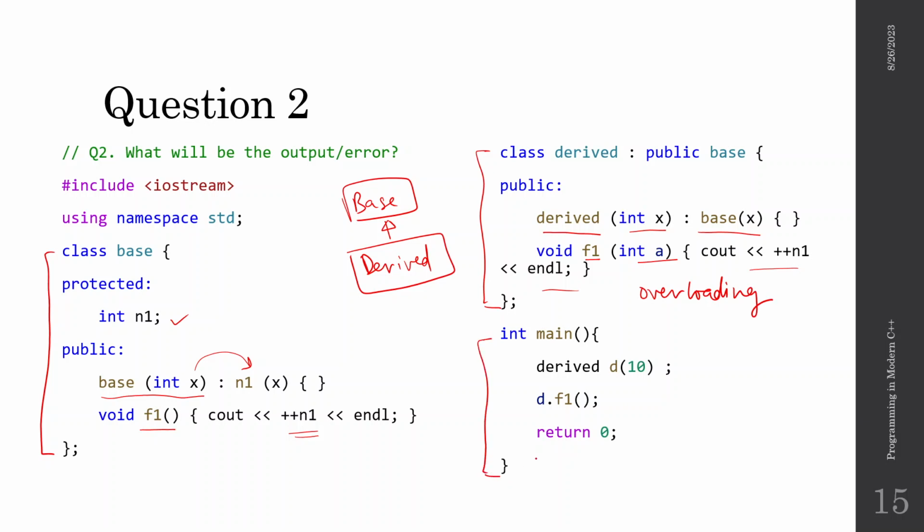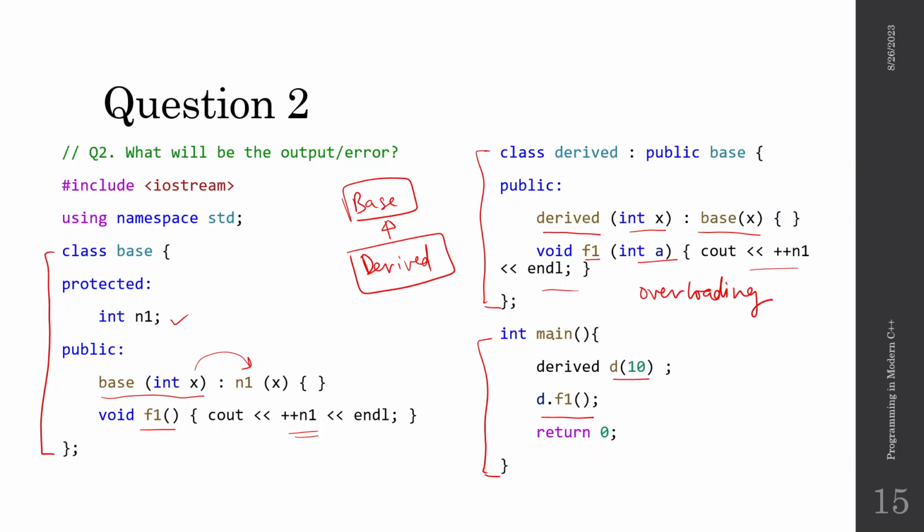Now we come to the main function. In the main function, we create an object small d of the derived type, and then we call d dot f1. So what is the output?